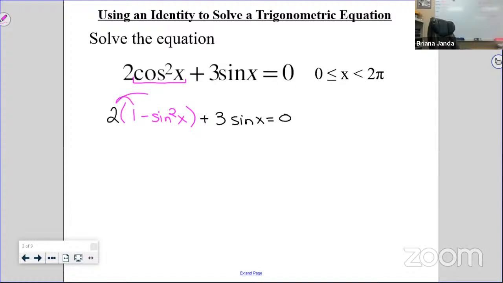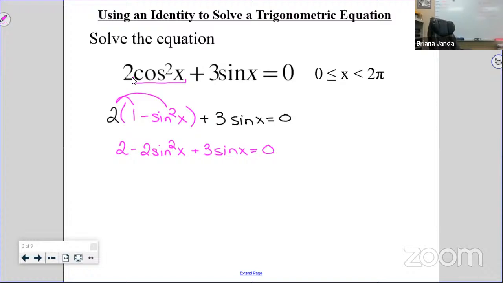So as I now use my algebra to simplify this, I would have 2 minus 2 sine squared x plus 3 sine x, and this is a problem that we can now work with better. Now, with my quadratic term, I'm going to rearrange all of this because my quadratic term right now is negative. It's really challenging to factor with your quadratic term negative.